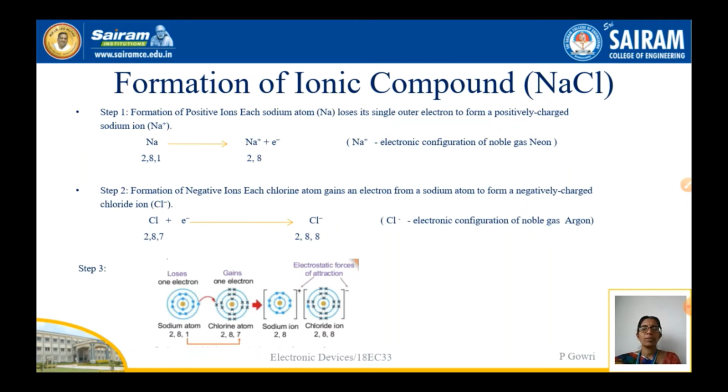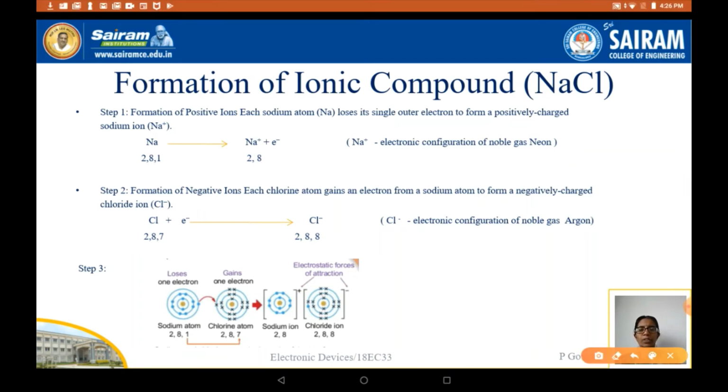That is, it has 7 valence electrons. When sodium and chlorine are combined, there will be a transfer of electrons from the sodium atom to the chlorine atom. Since sodium loses its electron, it becomes Na+. Similarly, when chlorine gains an extra electron, it becomes Cl-.